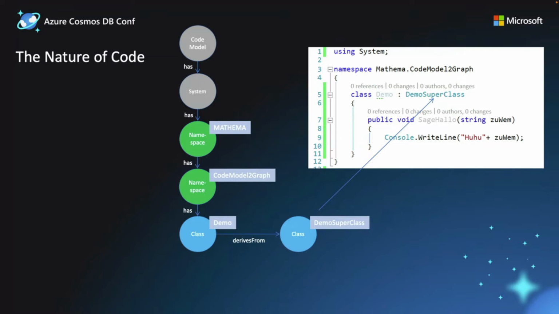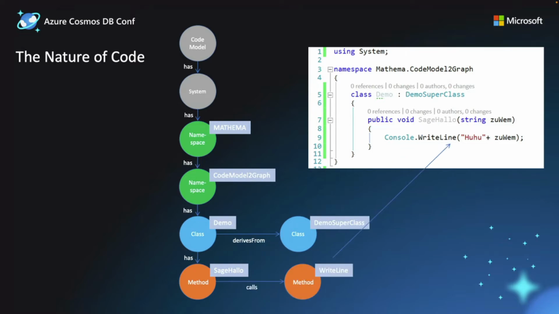And the Demo class has a method called SayHello. And inside this method, we are calling another method, WriteLine, from another class, namely Console, which is part of the System namespace. So as you can see, a graph can easily be used to model the code which we have seen in this small snippet.